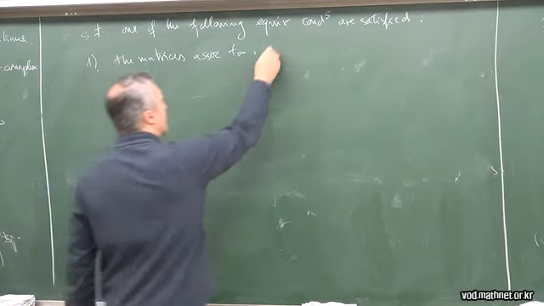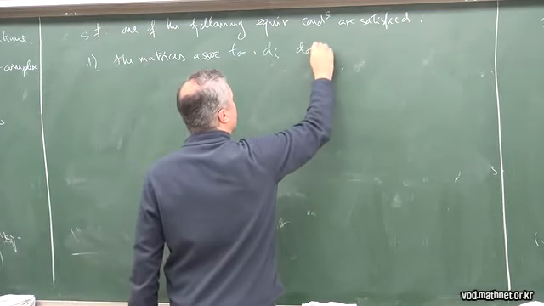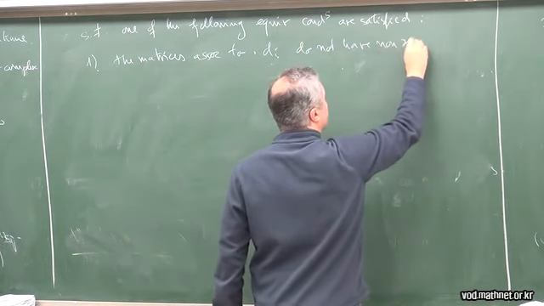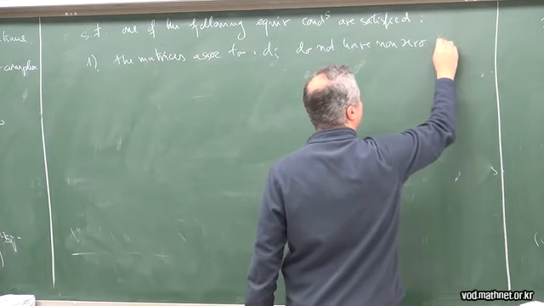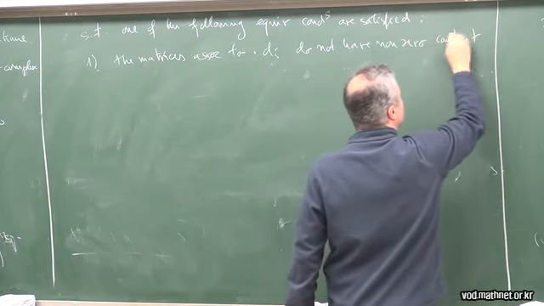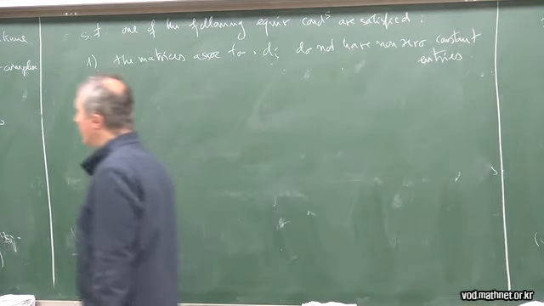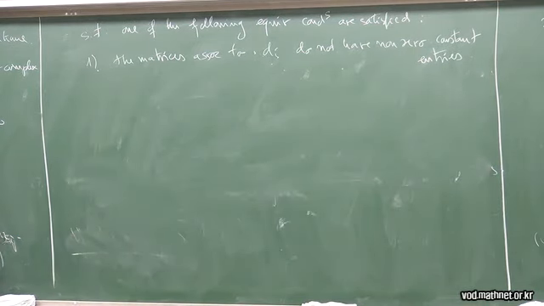do not have non-zero constant entries. These modules are free modules, so these are maps between free modules, and they are represented by some matrices.